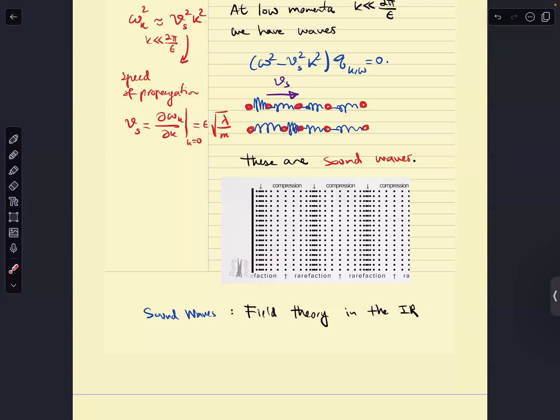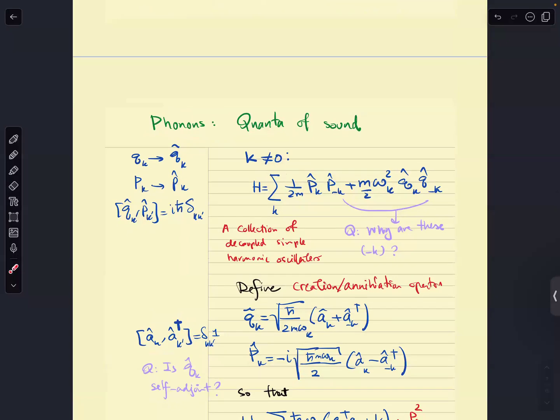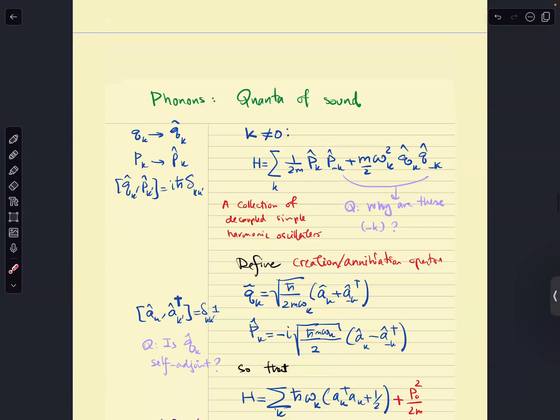They're going to correspond in the quantum world to some emergent quasi-particles, and they're going to propagate with the speed of sound at very low energies. All right, so they're going to be relativistic. We'll see. All right, so we're going to quantize this.